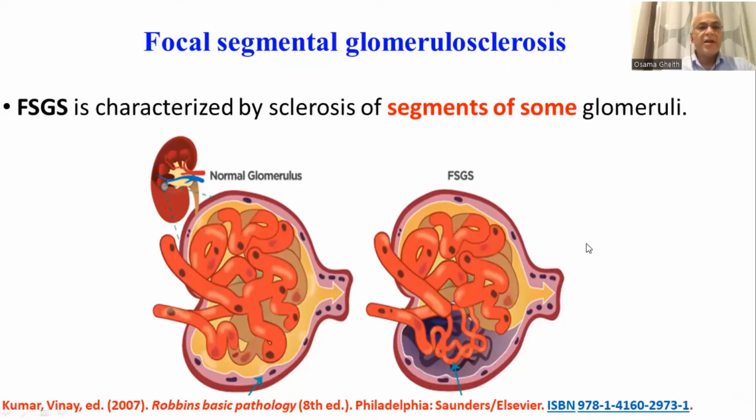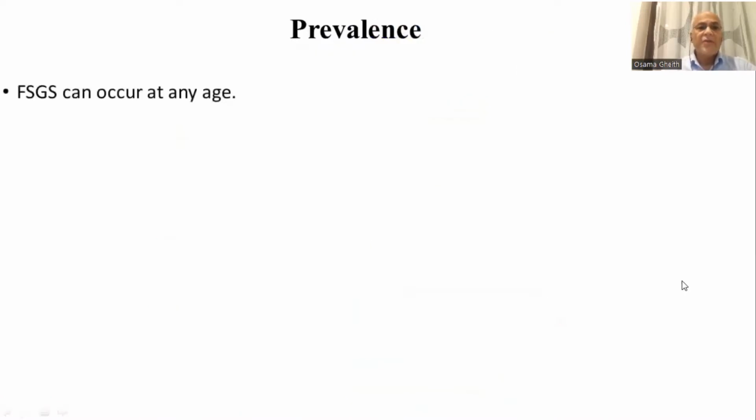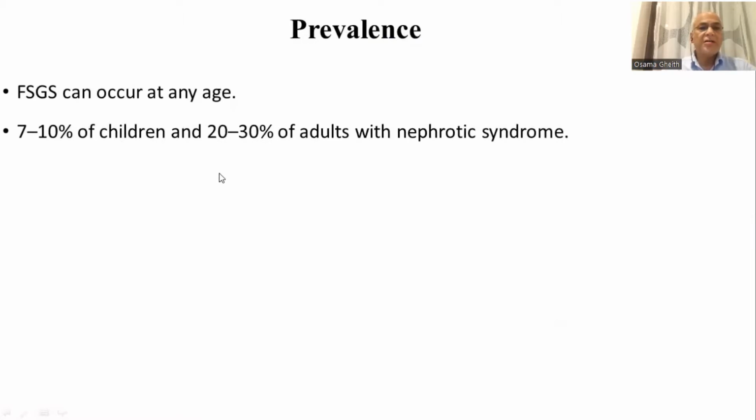It is characterized by sclerosis of segments of the glomerulus, but not all the glomeruli. So sclerosis of segments of some glomeruli. FSGS can occur at any age, but it represents 20 to 30% of adults with nephrotic syndrome, but in children it is less common than in adults.